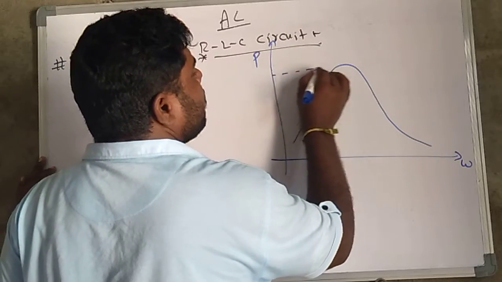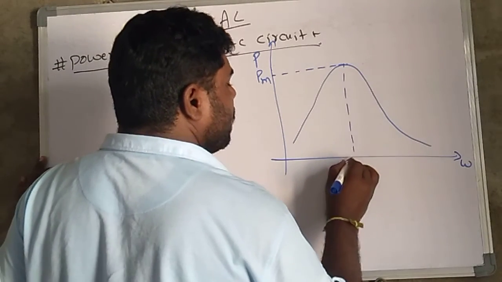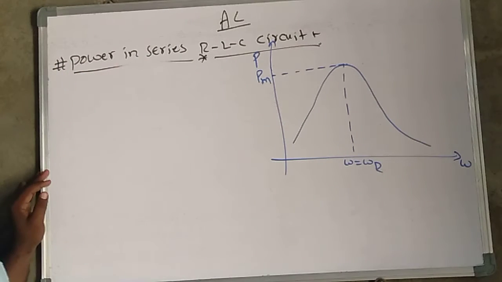Here the maximum power, P maximum, occurs where omega is equal to the resonance frequency, at the peak value.